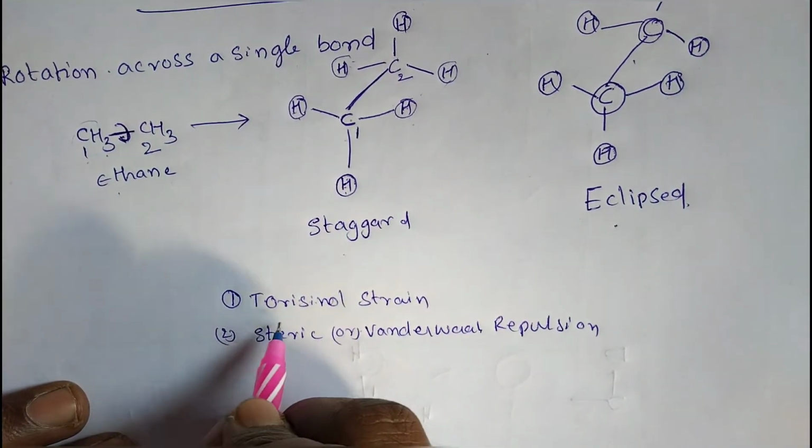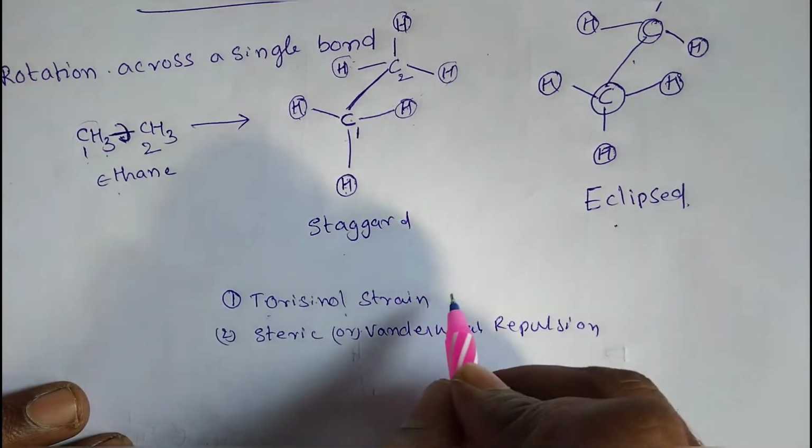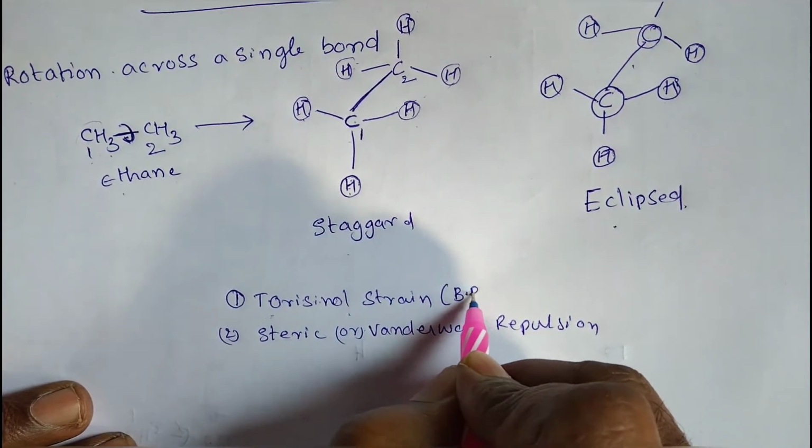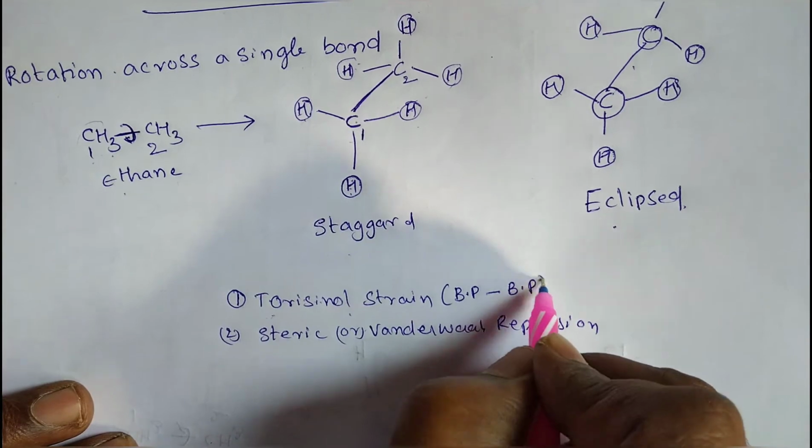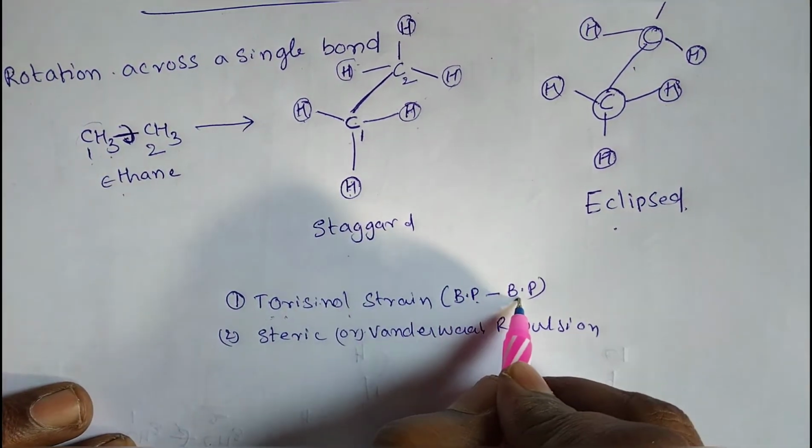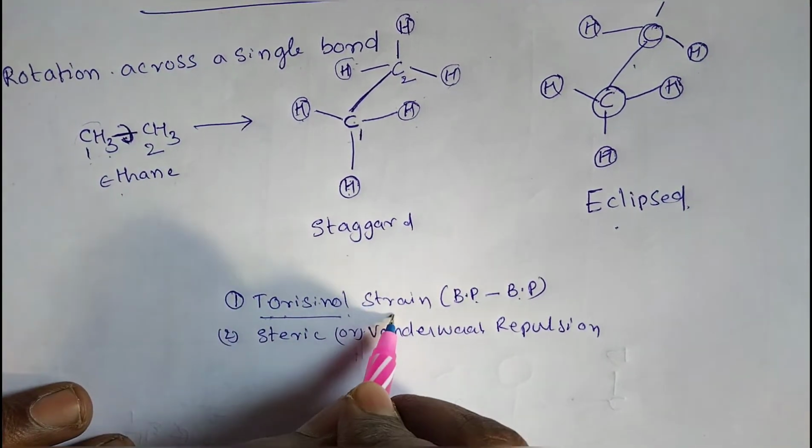Torsional strain is basically between bond pair and bond pair electrons. Repulsion between bond pair electrons is called torsional strain.